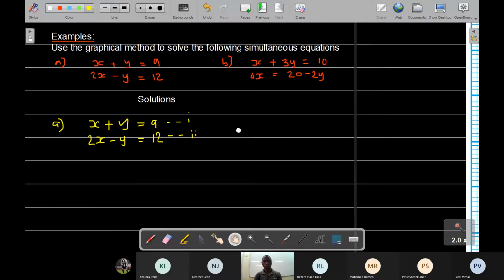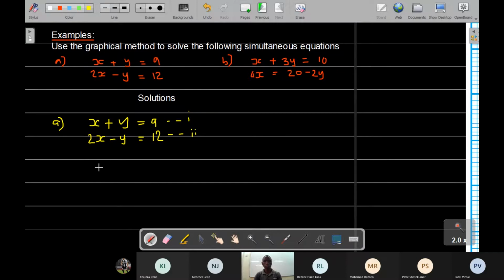Now, if you are to do this, you begin with one of those equations. Here, I can begin with the first one, and get the coordinates of this equation. It is x plus y equal to 9. Now, how do we get the coordinates? You can just make a simple table like this.